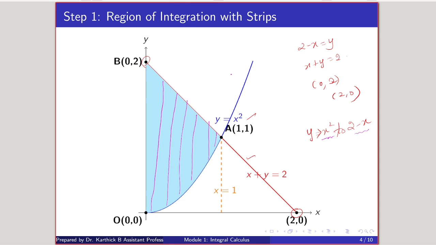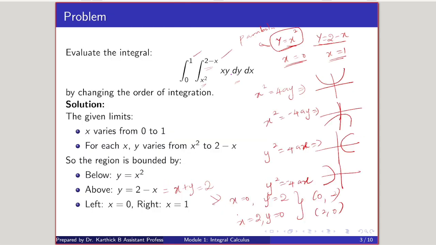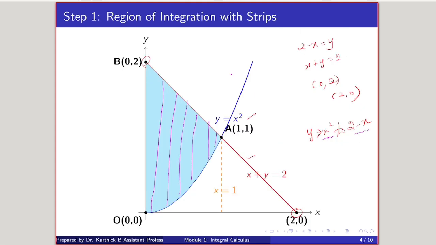Next, for the x value, x will be from 0 to 1. So this will be the y-axis, x equal to 0, and this will be x equal to 1. So x varies from 0 to 1.